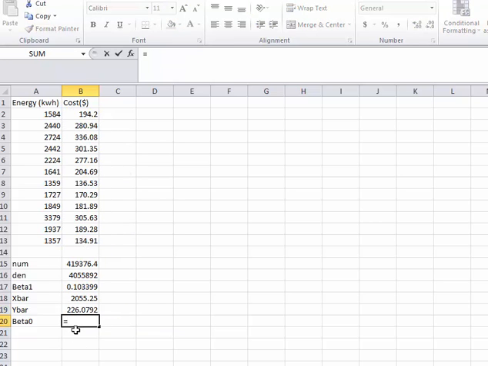And so our beta naught is equal to y bar minus beta 1 times x bar, and we get a beta naught of 13.56778. So these values, our beta 1 and beta naught, represent the case where the sum of the squares of the residuals is as minimal as possible.